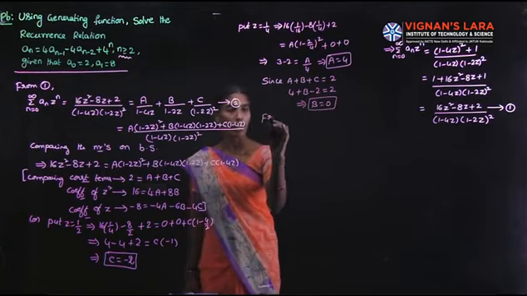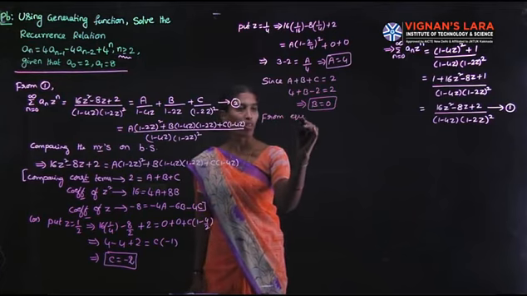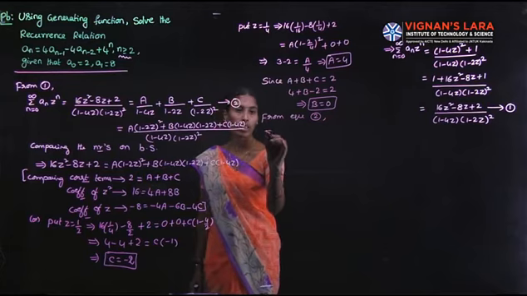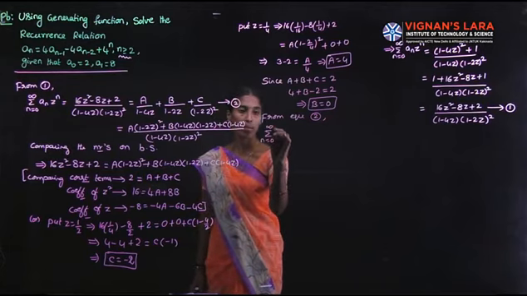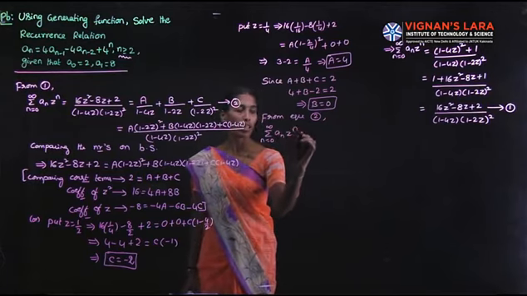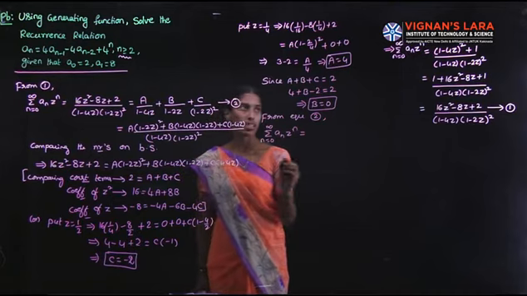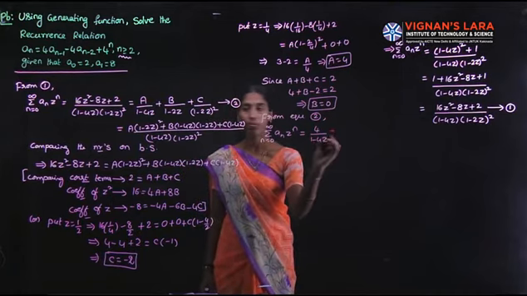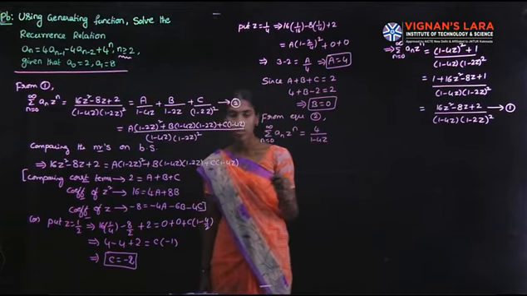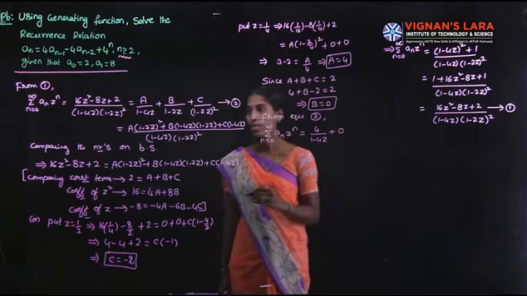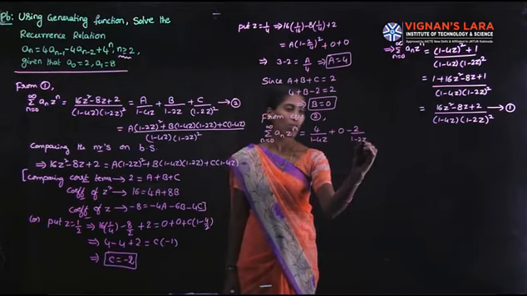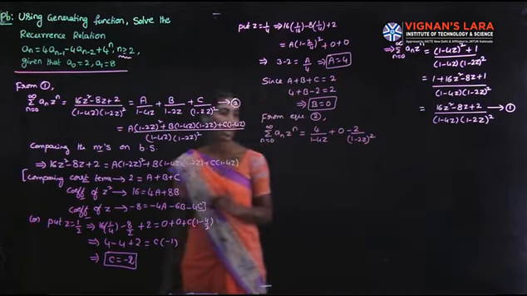Now substitute ABC values in equation 2. Equation 2 LHS is summation a n z power n, equal to RHS: A value 4 by 1 minus 4z, B value is 0, C value is minus 2 by 1 minus 2z whole square, right?